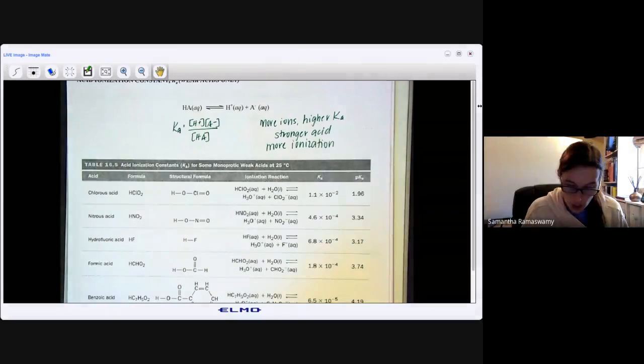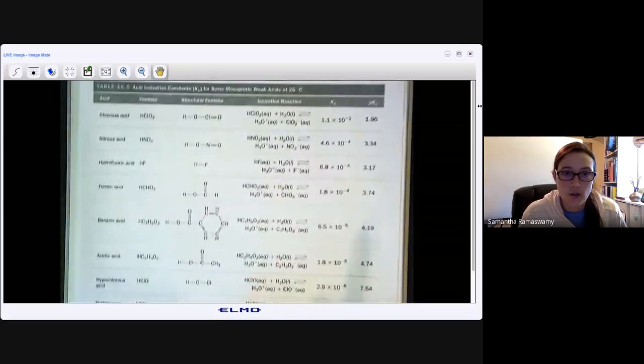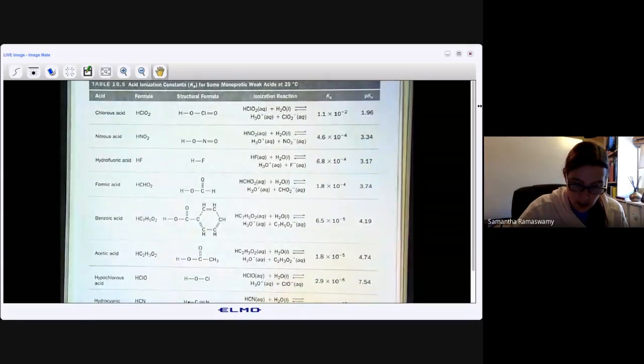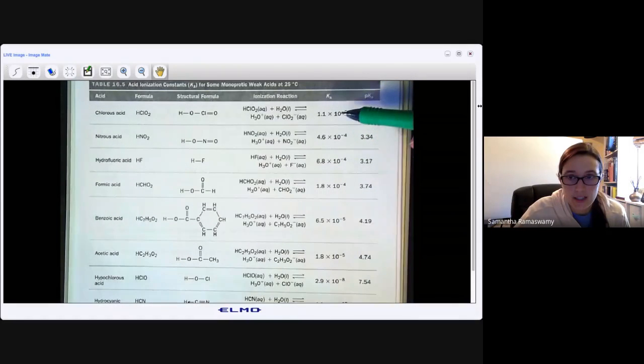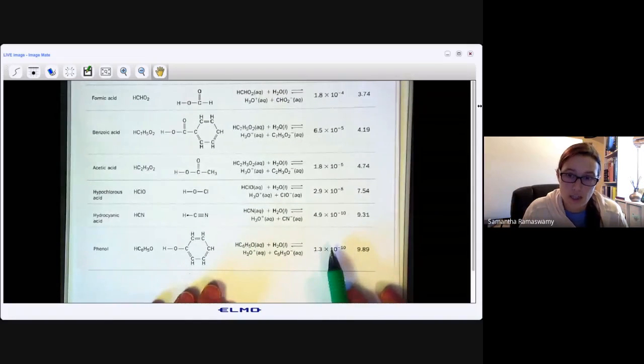So again, if we take a look at this chart, this table in this practice sheet, we have chlorous acid up here at the top with a Ka of 1.1 times 10 to the negative second, all the way down to phenol, which has a Ka of 1.3 times 10 to the negative 10.